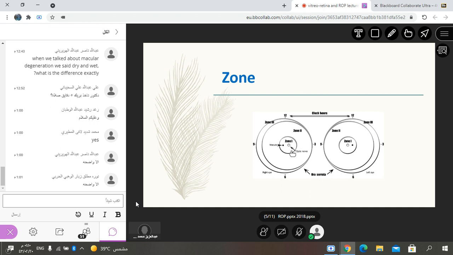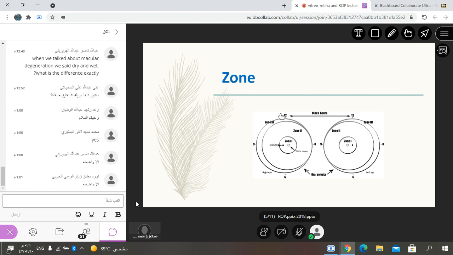This is zone 1. From the edge of zone 1 till the end of the nasal part, and the same area going through till temporally, this whole area is zone 2. The residual crescent shape temporally is zone 3.